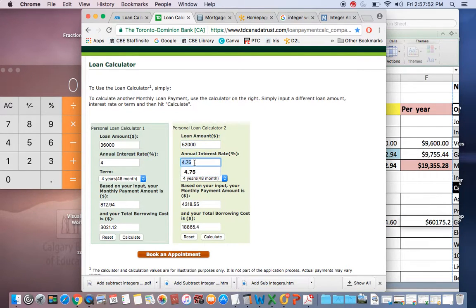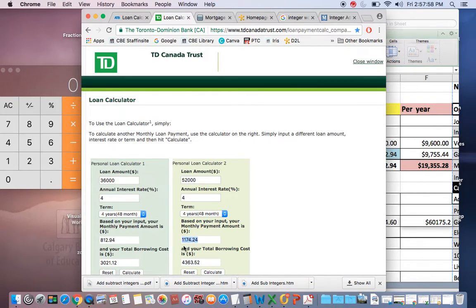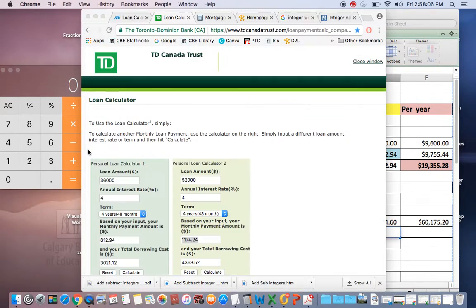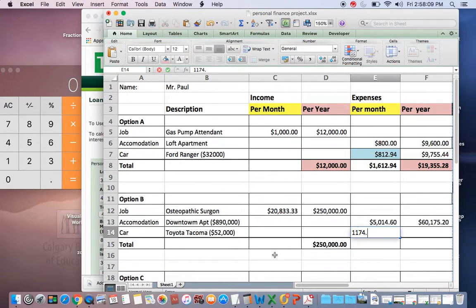$52,000, 4% interest, 4 years. Calculate. It's going to be more. $1,174.24, and you can probably remember better than me. 24 cents. There we go.